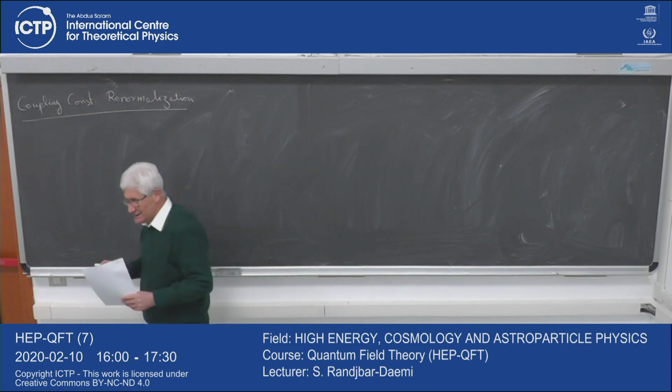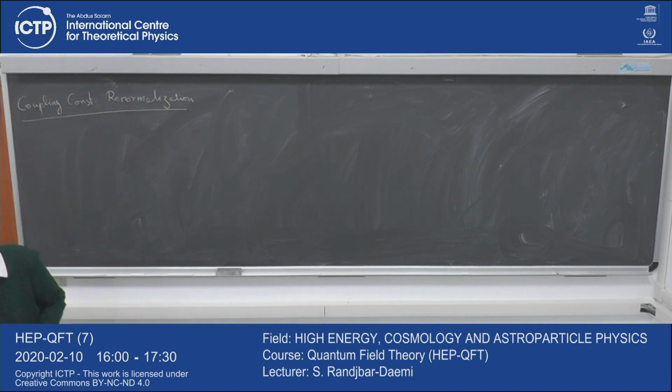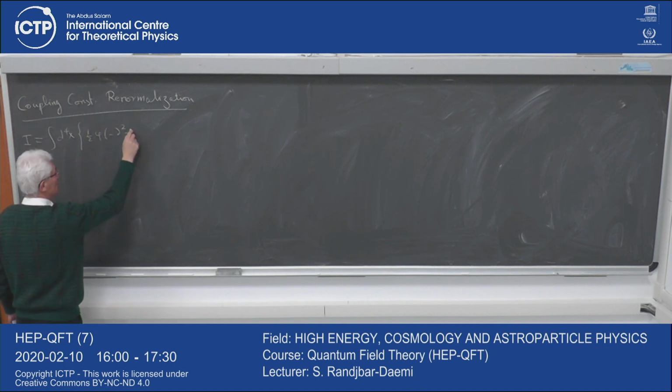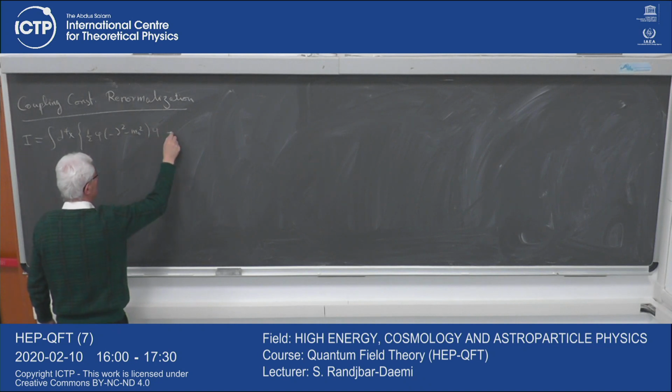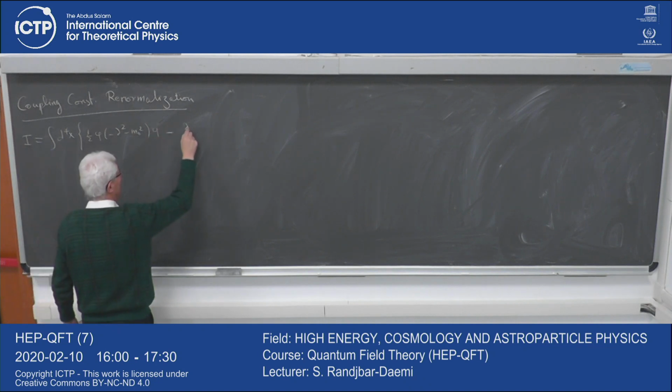So this is the last time I'm going to write this section, but let me write it for the last time. We start with an action. Let me write in 4 dimensions, which in terms of the bare field, which I'm denoting with this symbol, looks like this. And today we will discuss phi to the 4.